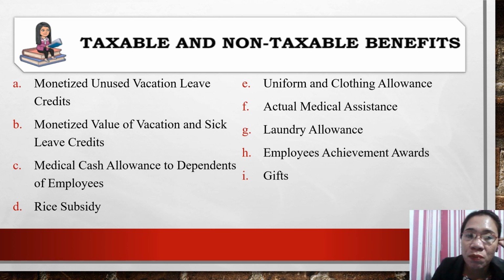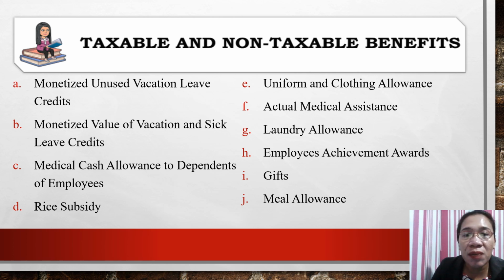Pag isang taon, 5,000. Then, daily meal allowance for overtime work and night meal allowance. This can be daily meal allowance for overtime work and night graveyard shift not exceeding 25% of the basic minimum wage on a per region basis.